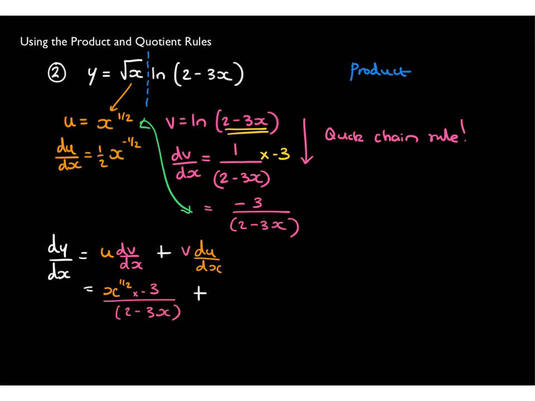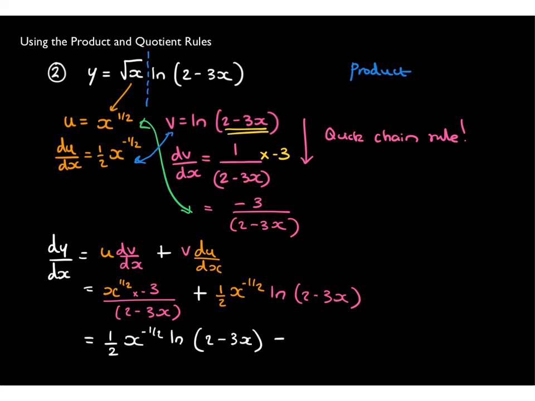And we're adding on this product pair over here, which is a half x to the negative a half ln of 2 minus 3x. I'm not really sure there's a huge amount of tidying to be done here. We could just rewrite it as a half x to the negative a half ln 2 minus 3x minus 3x to the half over 2 minus 3x. So I've just reversed the order here.